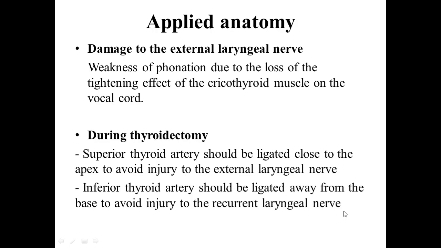So, in the lecture of thyroid, you must have learned that the superior thyroid artery and external laryngeal nerve, these two structures accompany each other, and close to the apex of the gland, they get separated, and therefore during thyroidectomy superior thyroid artery should be ligated close to the gland, while inferior thyroid artery and recurrent laryngeal nerve are initially separate, but close to the gland they come close to each other, and therefore inferior thyroid artery should be ligated away from the gland to save the recurrent laryngeal nerve.